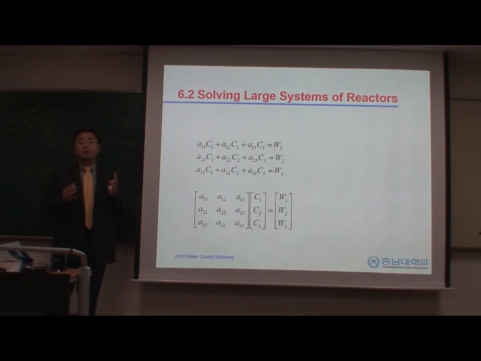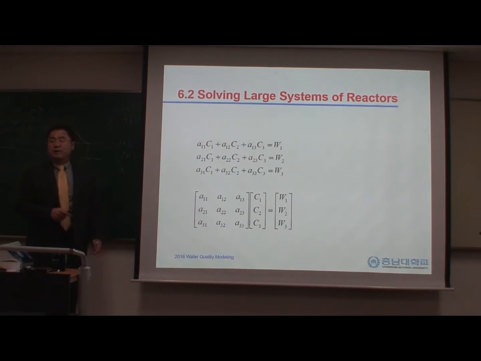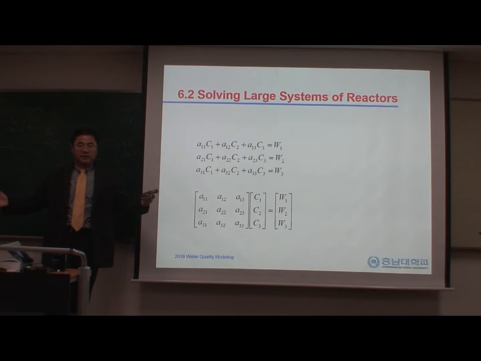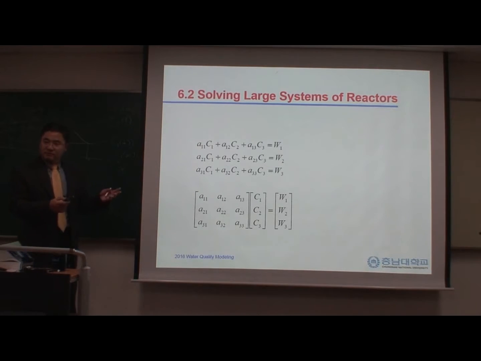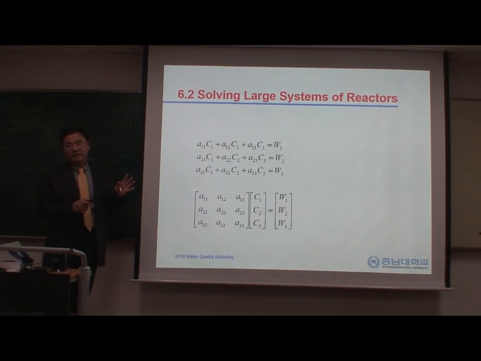So that's the basic principle of solving this equation. If you have a large system, and sometimes we can have more than 3, many times. Let's say you're dealing with a big river, and you have hundreds, thousands of segments, and then there's no way that we can solve this equation by hand.